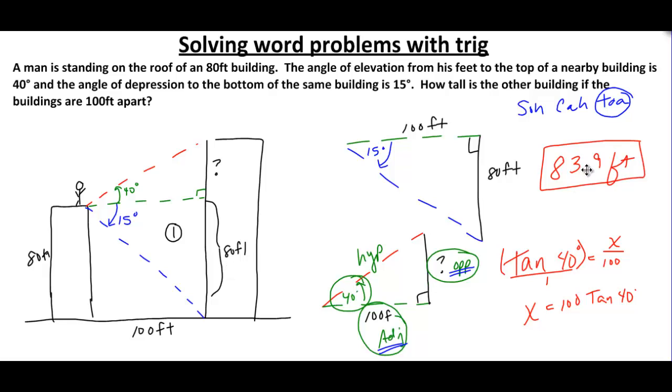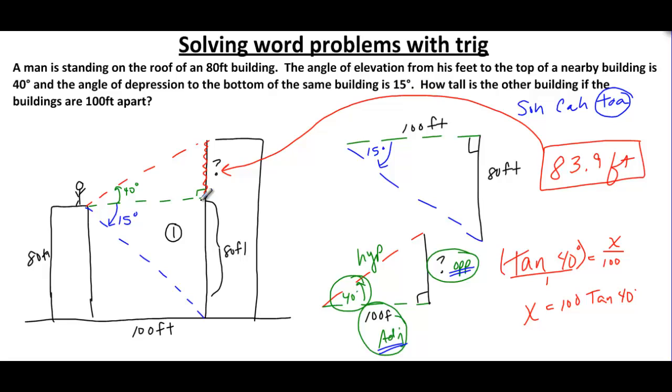But remember, what I just found is not actually my final answer. So, what is this? Is that how high the building is? No, all I found was this little part here. And after doing all this work, usually what happens is we get an answer and we stop and we circle this and we think we're done. But remember, what did we solve for? We solved for x, which is this little part here.